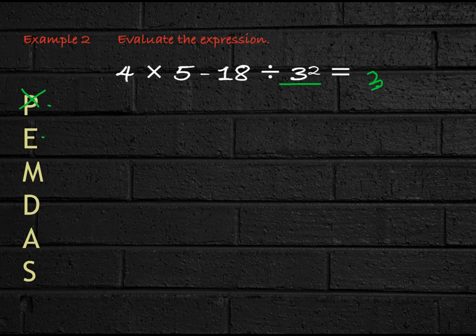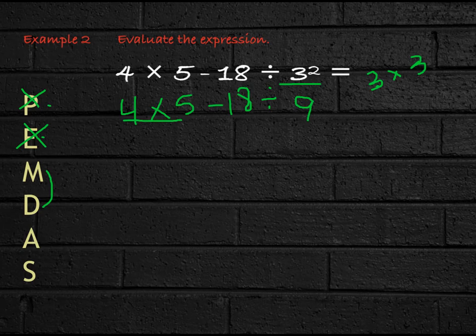So 3 squared, or 3 to the second power, would be 3 times 3. Okay, so 3 times 3 is 9. Bring that down. Now we can just copy the rest of the problem. 4 times 5 minus 18 divided by 9. So we're done with exponents.